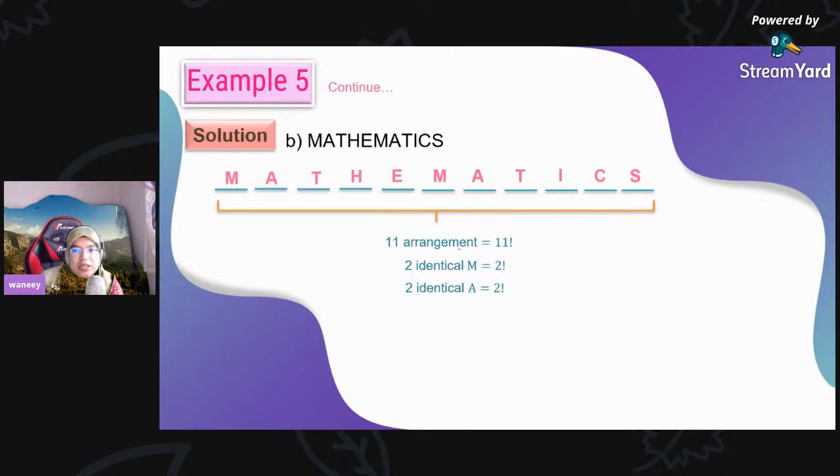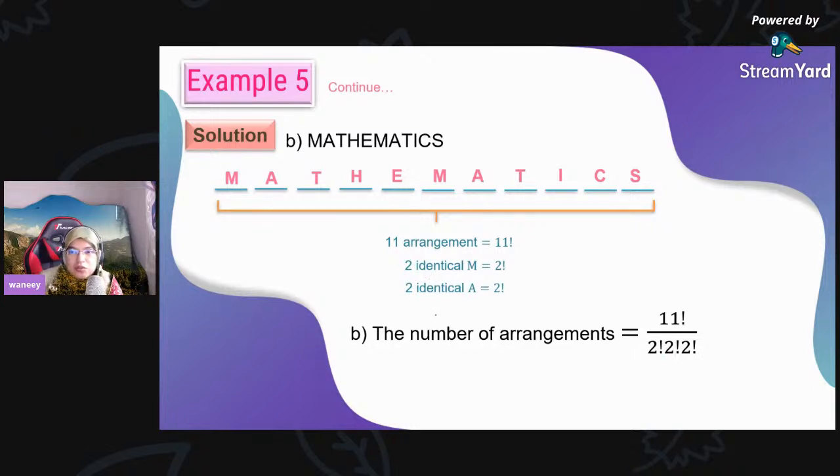Okay, so this one, 11 factorial over 2 factorial, 2 factorial, 2 factorial: 2 M, 2 A, 2 T. And the answer for this one is 498,960.